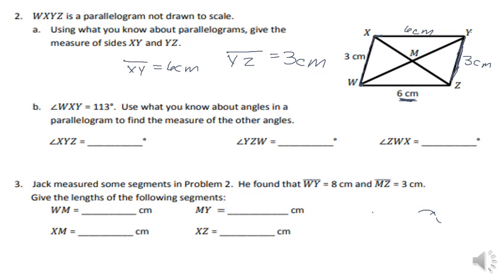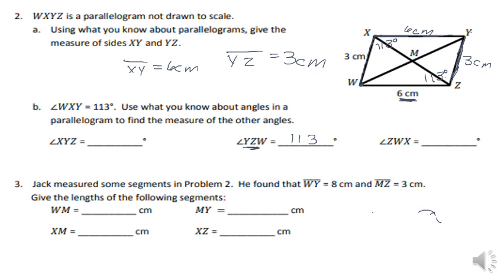No, they're saying WXY right here is equal to 113 degrees. Okay. Now, one thing we know is the opposite angle, which would be angle YZW, which happens to be right here, is the opposite one. So it's going to equal 113 degrees also. So this one's going to be 113 degrees.